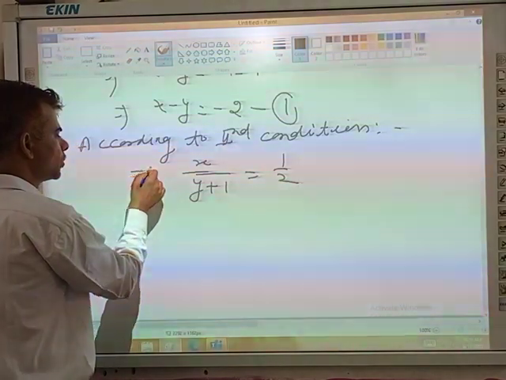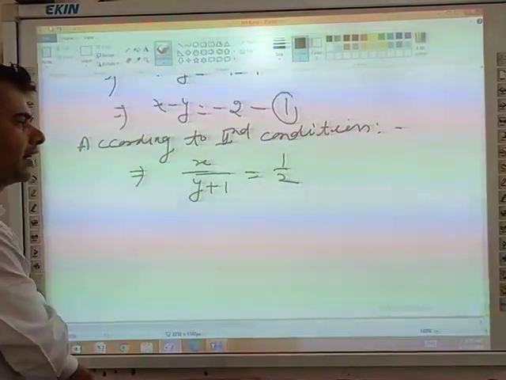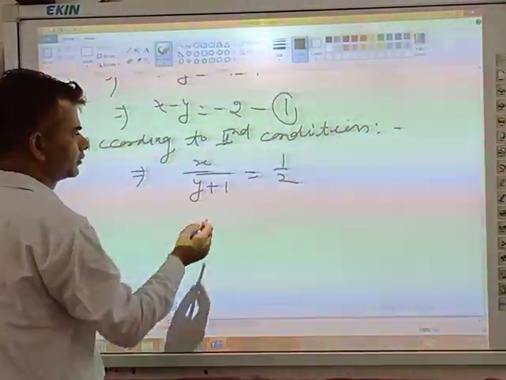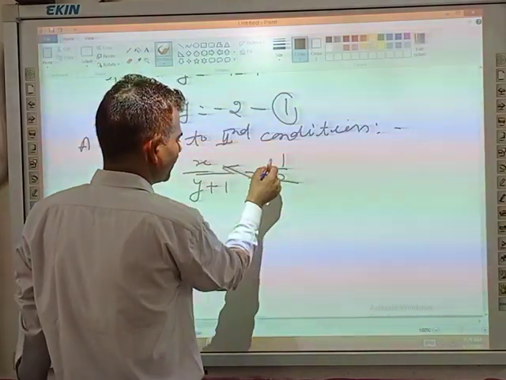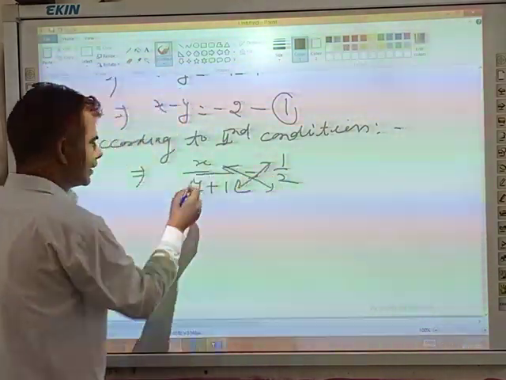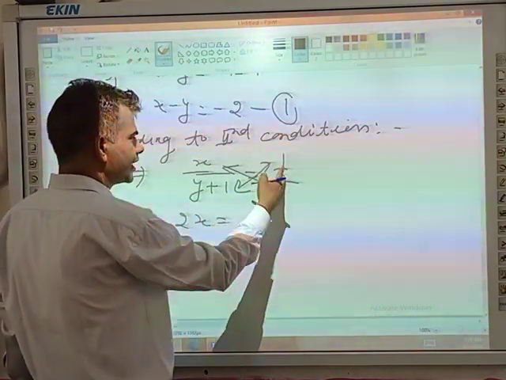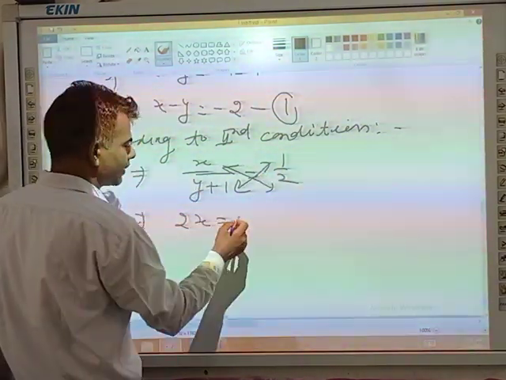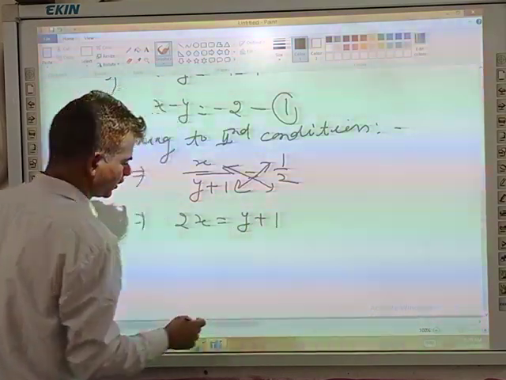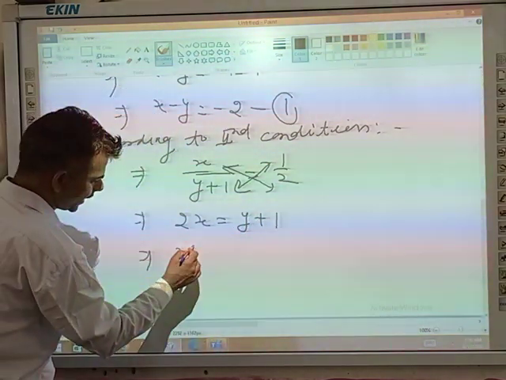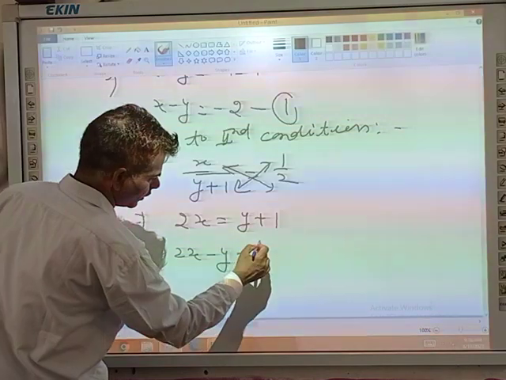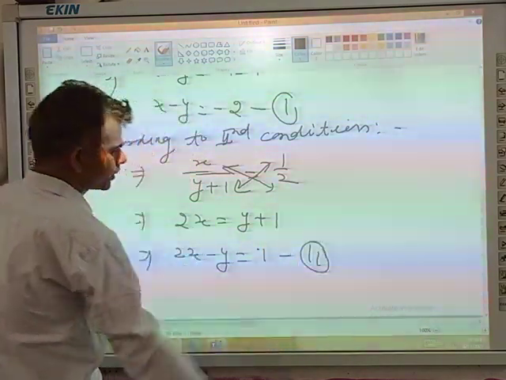There is no need to add any number to the numerator. Cross multiply it. 2 multiplied with x, and 1 multiplied to y plus 1 becomes y plus 1. Now students, 2x minus y is 1. That is your second equation.